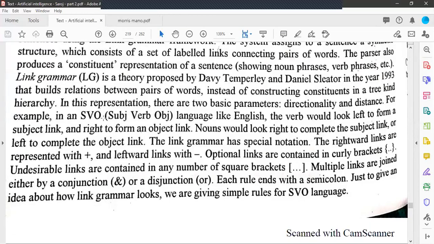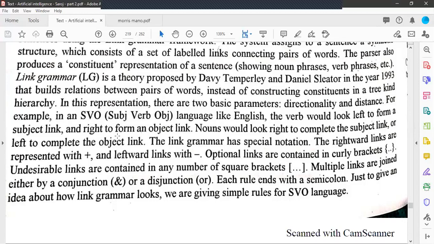For instance, if you have a subject verb object in a sentence, what can be done is you start with the subject. Parsing can begin from the left and also at the right. When you are reading from the left, you get to know who is the subject, and at right you get to know what is the object.